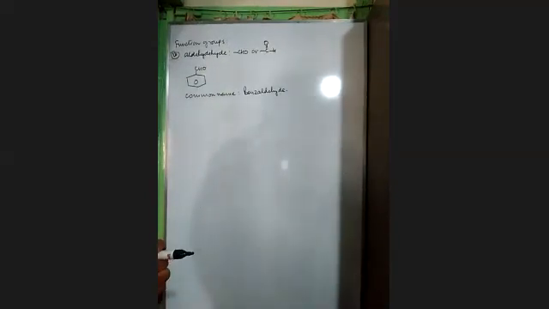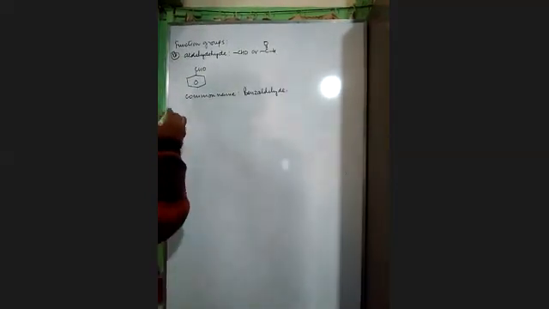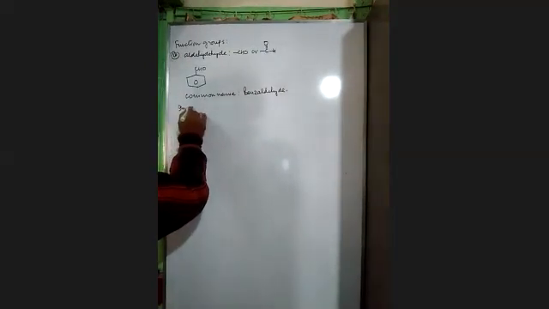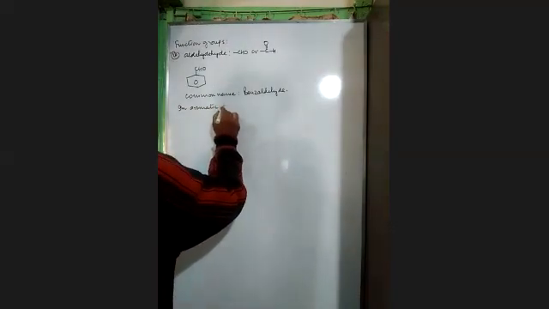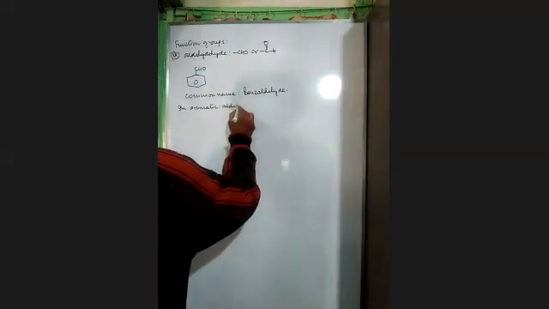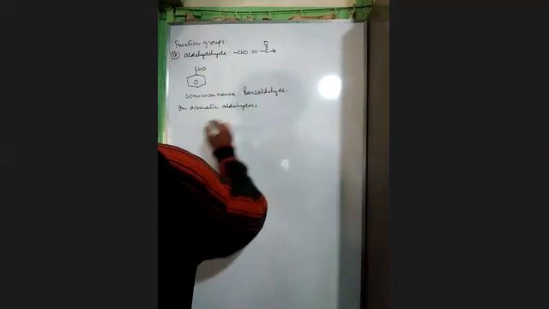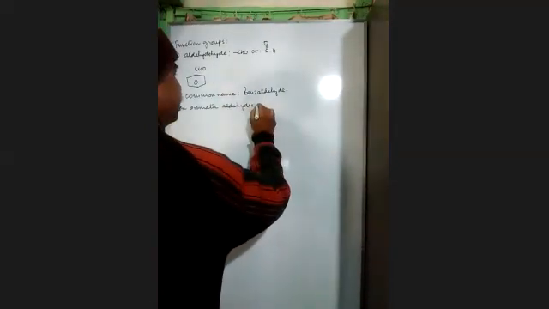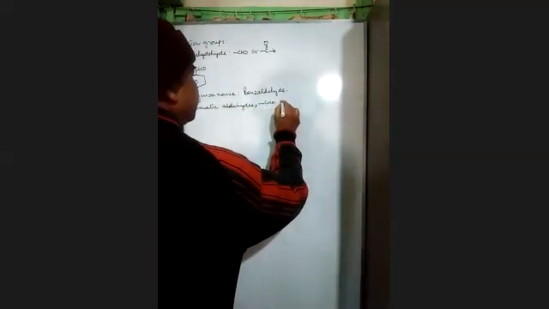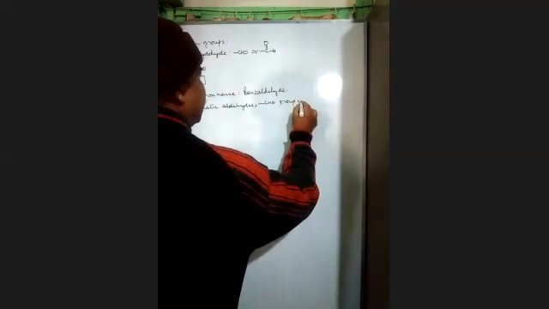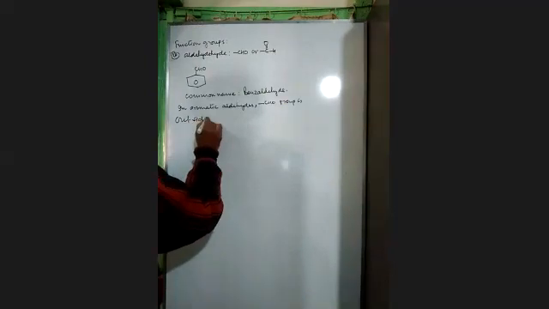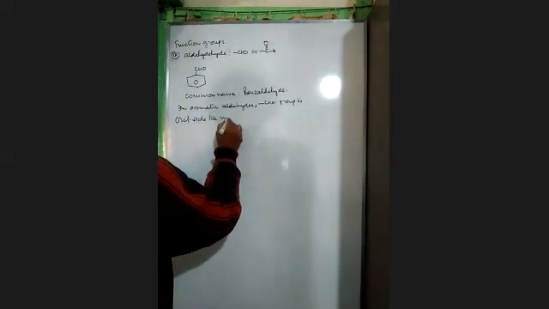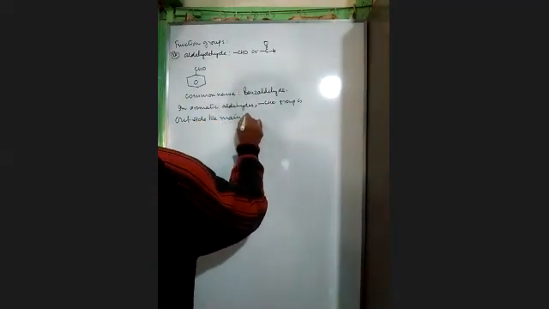As the CHO group is outside the main chain, the functional group will be named as what? In aromatic aldehydes, the CHO group is outside the main chain.